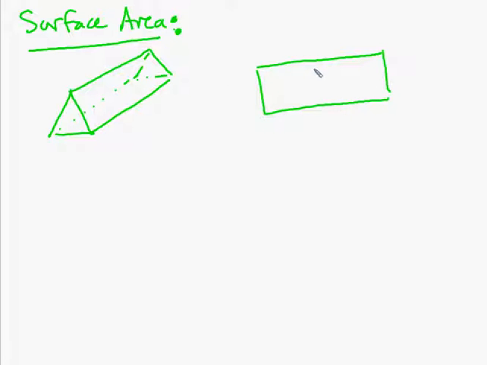I unfold this and I think about, well, what shapes do I have here? Well, I have 2 triangles and 3 rectangles. Okay? But I might want to take note of the dimensions here.